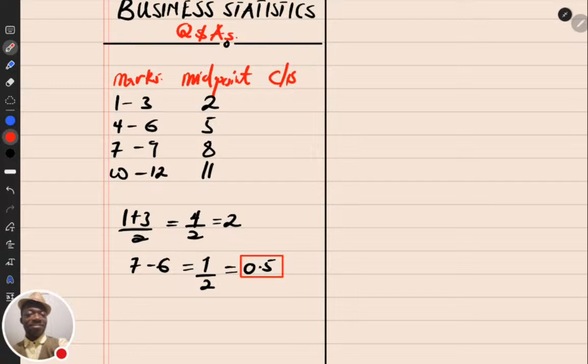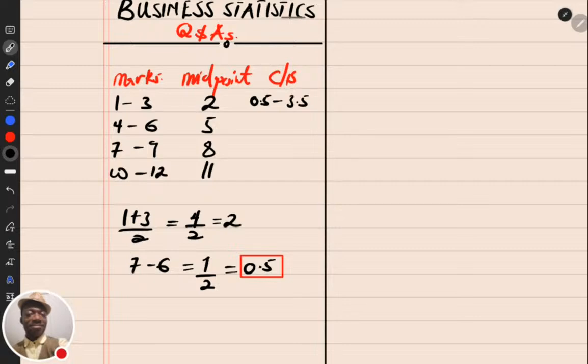So what do I do to get my class boundary? All I will do is subtract 0.5 from the lower class limit of all the classes and then add 0.5 to the upper class limit of all the classes. So 1 minus 0.5 gets 0.5, then you add 0.5 to 3, you get 3.5.